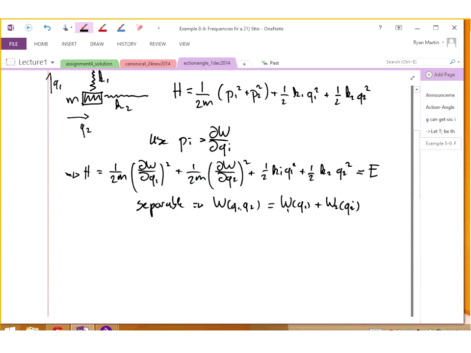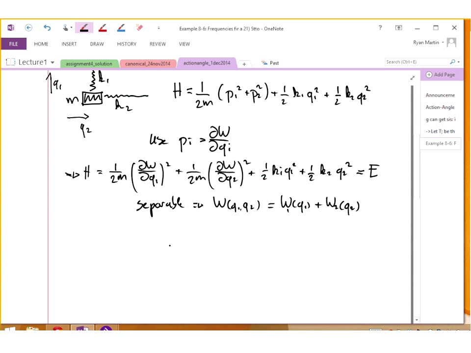Okay? Now, since the W has been written out as separate functions of q1 and q2, the partial differentials are the same as total differentials, or they're indistinguishable, right?